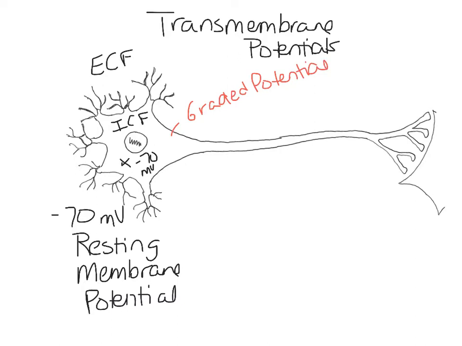The graded potentials happen at that axon hillock, and they don't move any farther than that. The axon hillock kind of funnels all the positive charges into this one area. The positive charges are going to raise that resting membrane potential up to a negative 69, all the way up to a negative 61 millivolts. So that's our graded potential.